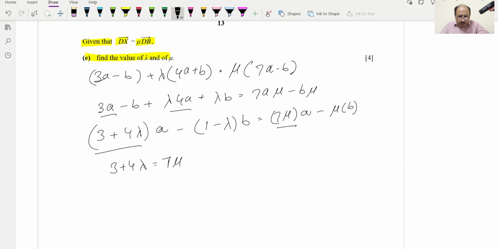And the second thing, if we compare b, it will be minus 1 minus lambda is equal to minus mu. So minus we can cancel from both sides, so it will be 1 minus lambda is equal to mu. So it means we can replace this mu value.